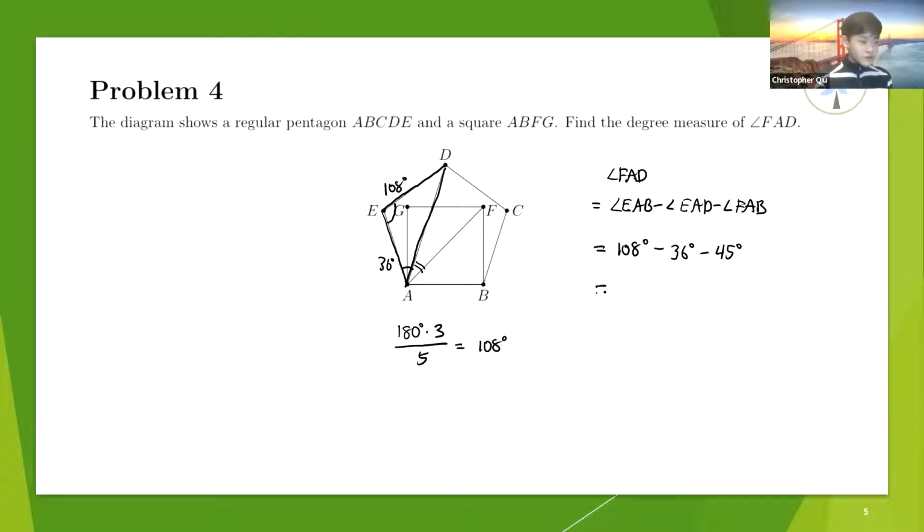So now we've found all the angle measures that are necessary for computing angle FAD. So now we can finish our calculations and we'll get 27 degrees as our answer. All right, so that's it for problem 4. Are there any questions?